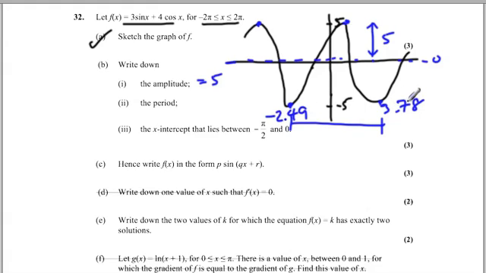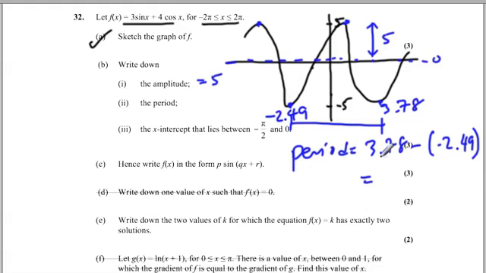So in other words, all I have to do to find the period is subtract negative 2.49 from 3.78. So the period in this case is equal to 3.78 minus negative 2.49, and that's equal to 5.97. So the period in this case is equal to 5.97.